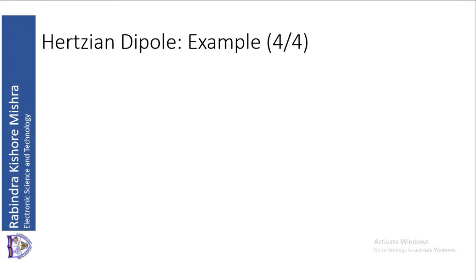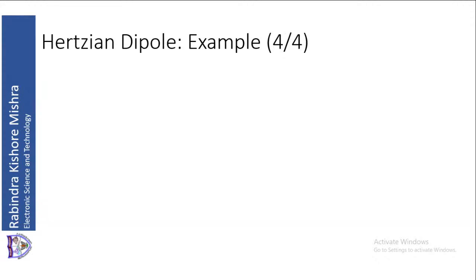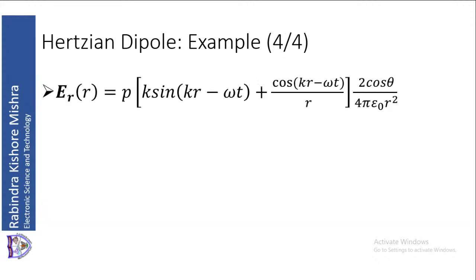If you put these values in the expression for E and H, then E_r, which means the R component of the electric vector E, will be this value: P into K sin(KR minus omega t) plus cos(KR minus omega t) by R, into 2 cos theta by 4 pi epsilon 0 R square.